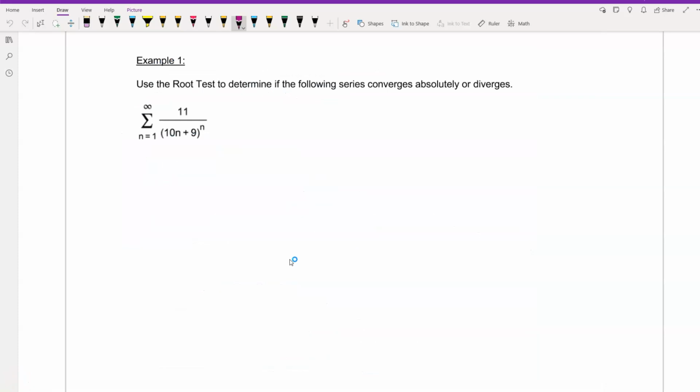Example: use the root test to determine if the following series converges absolutely or diverges. So here we have the series of (11 divided by (10n plus 9)) to the nth power, where n is from 1 to infinity. Let a_n equal (11 divided by (10n plus 9)) to the nth power.